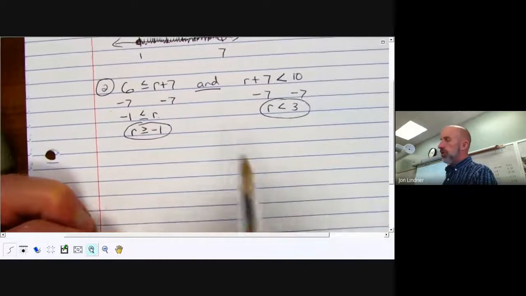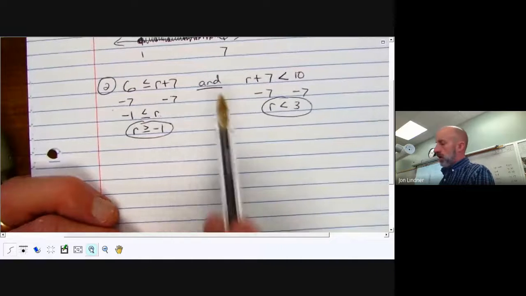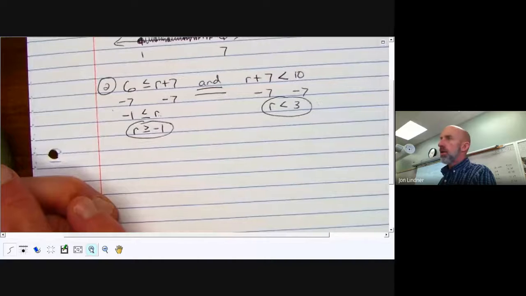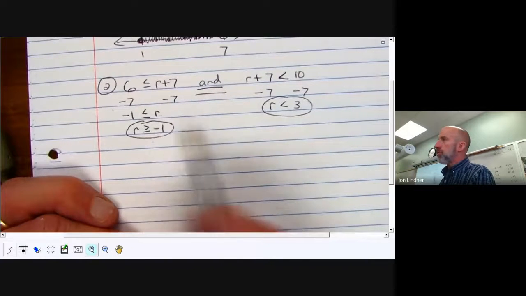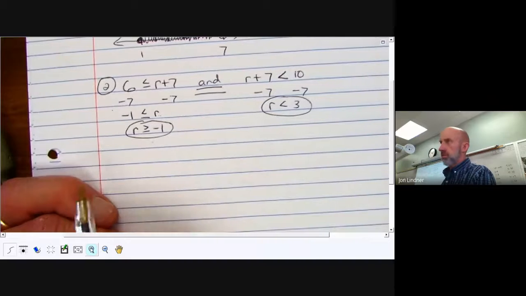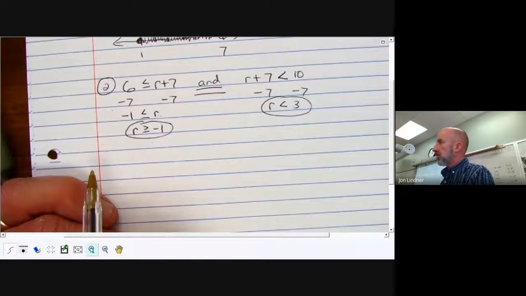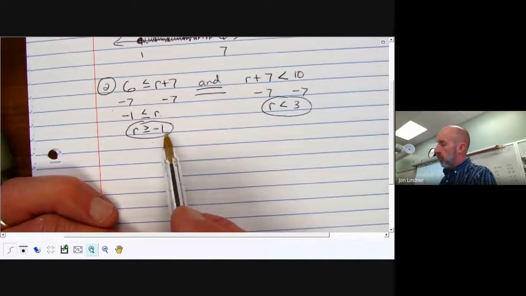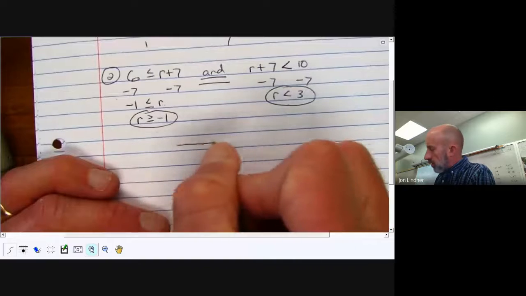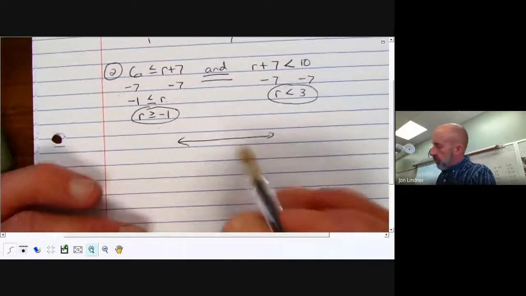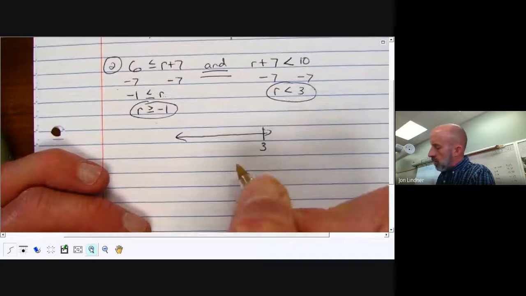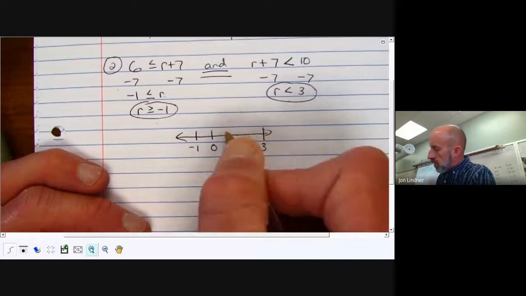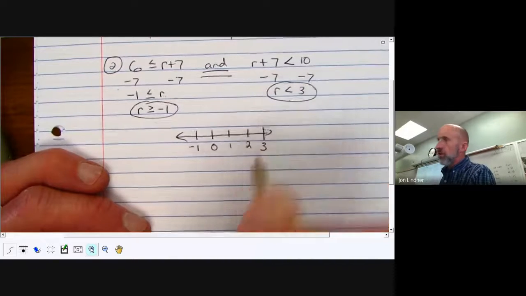Now, look at our 2 statements here. See this word and? That's an important word. Is it possible to meet both of these conditions at the same time? It is. I can be less than 3 and bigger than -1. So this can work. Here's 3. Here's -1. There's 0, 1, and 2.